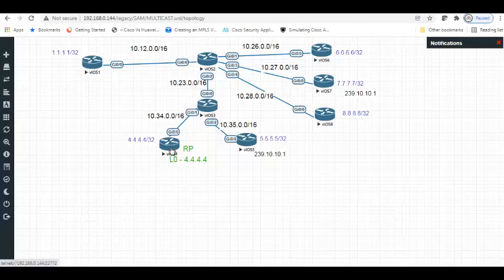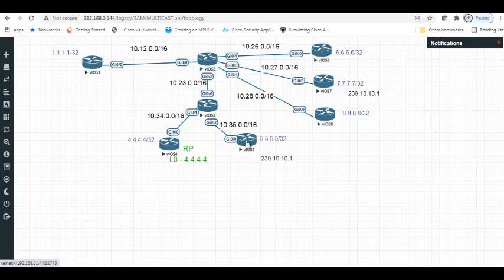Immediately RP will inform R5 and R7 about the location of the source, using which R7 and R5 will form a straight connection, direct interaction with the source. So between the source and the group member, no more RP needed.